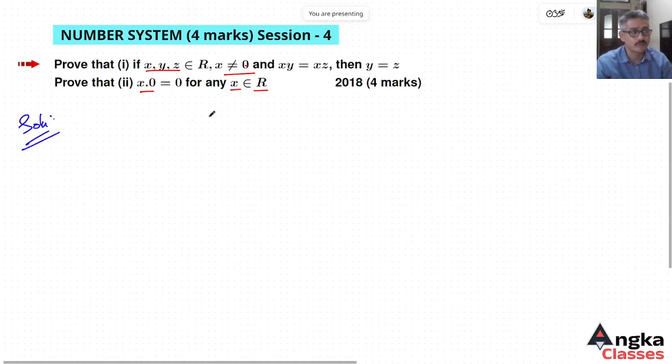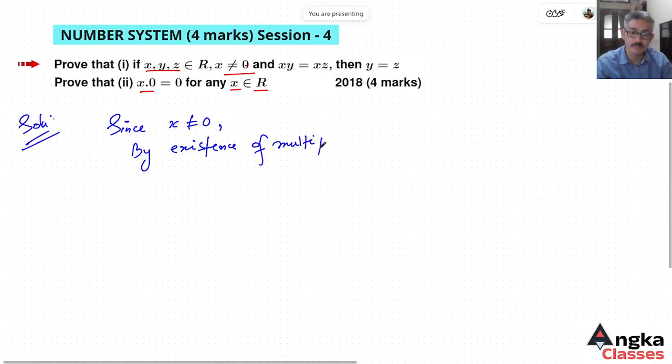So let us proceed. Since x is not equal to 0, by existence of multiplicative inverse, there exists 1 by x, which belongs to real number, such that x into 1 by x is equal to 1.